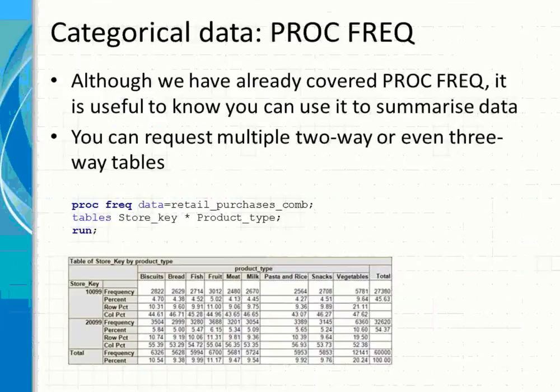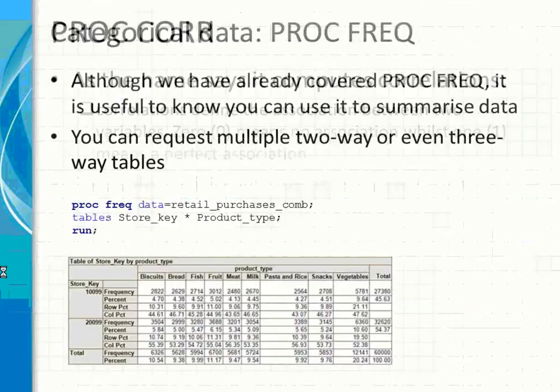Okay, so there you go, an example of it. Proc freq, especially if you're talking about categorical data, is very useful to understand the different occurrences of each particular combination of your categorical variables. Okay, so very useful in this particular case.